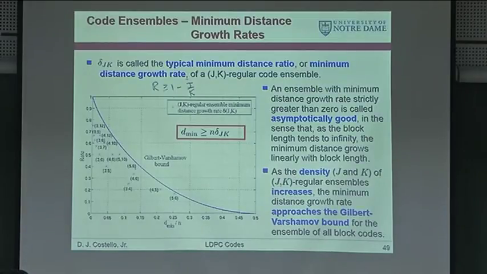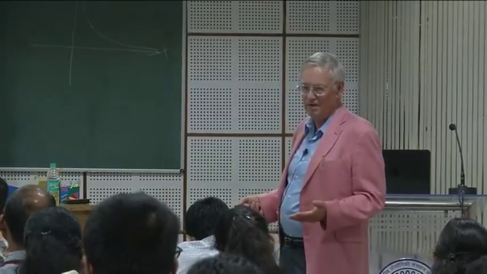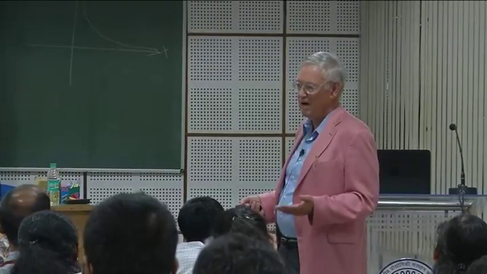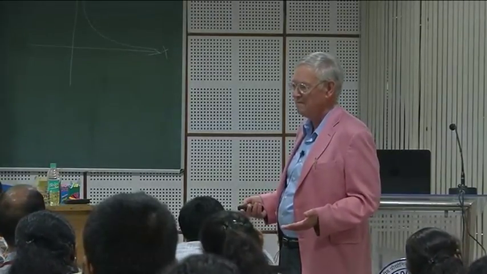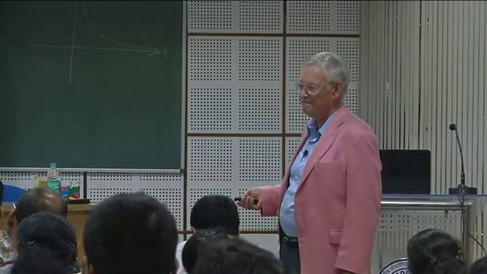But some of the irregular low density parity check code ensembles, most of them as a matter of fact, do not have minimum distance growing linearly with n. And turbo codes don't either. So they may grow as the square root of n or something like that, or with some logarithmic function of n, but not linearly with n. So linear growth with n is a really desirable property in terms of distance growth, and these kinds of low density codes have that property.